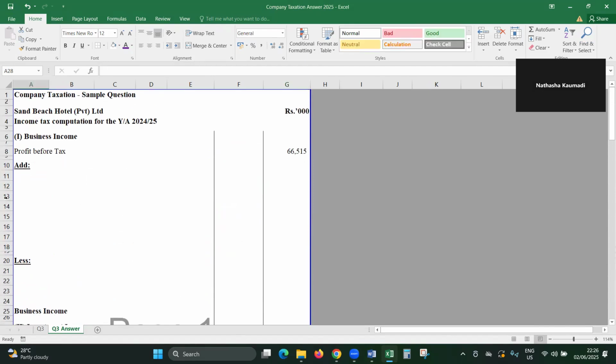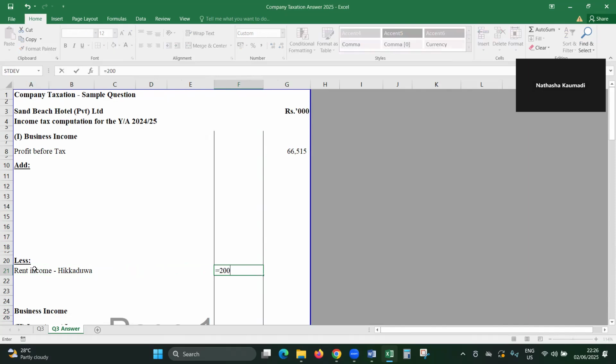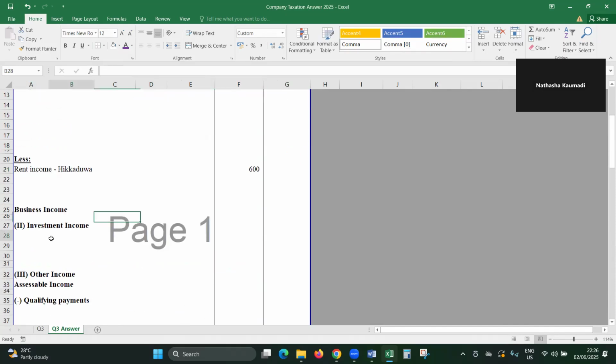So in that case, I deduct rent income, Hikkaduwa building. How much? 200,000 multiplied by 3, 600,000. And then I go to investment income. I write rent income, Hikkaduwa. How much?